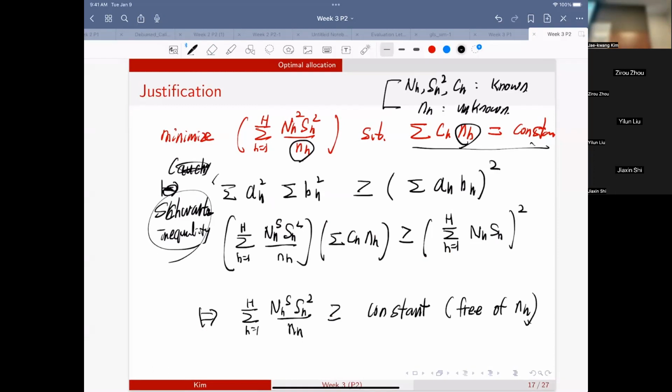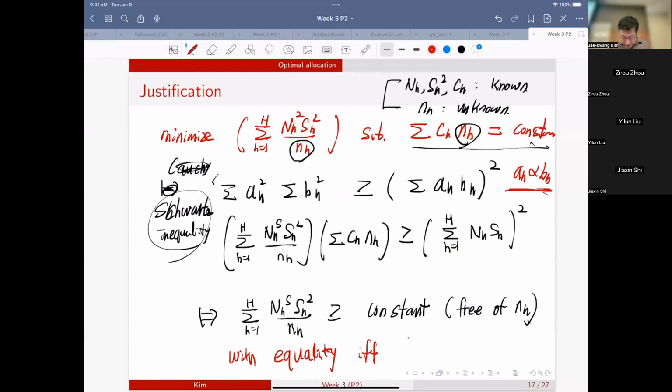So all we have to do is achieve equality. With equality, if and only if AH is proportional to BH, right? So we want to use that property.